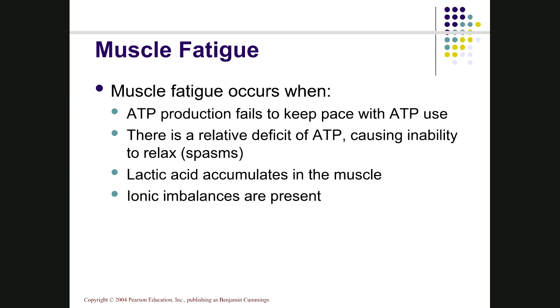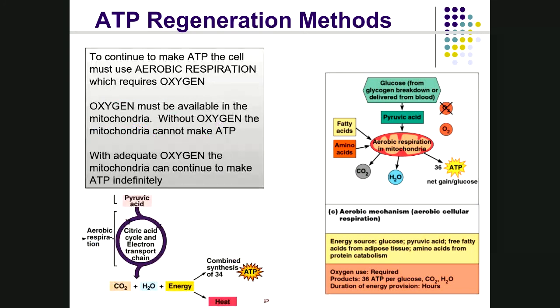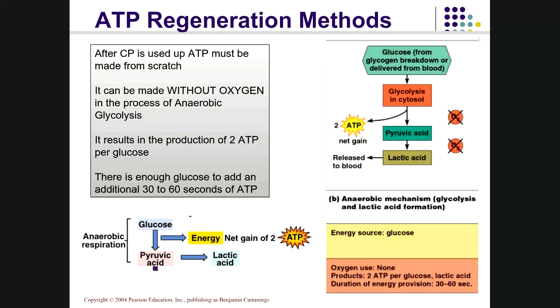But if you run out of ATP, what you get is called fatigue. So when ATP production doesn't keep pace with ATP use, you get fatigue. And one of the things that happens is not only do you run out of ATP, but you also build up waste products inside the muscle cell.